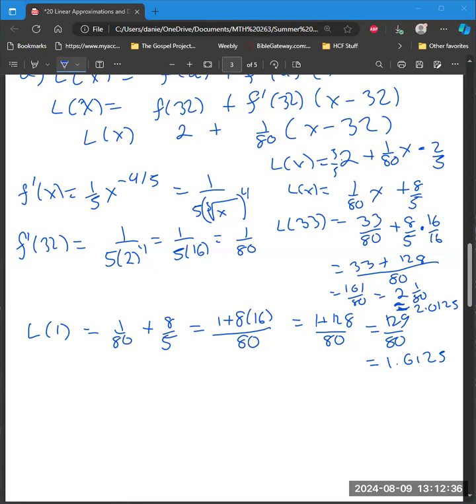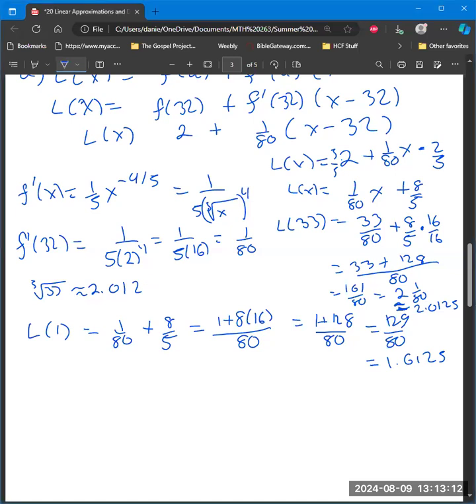Now let me tell you what the fifth root of 33 is to 5 decimal places. The fifth root of 33 is about 2.01235. Okay. And so now I want to find the difference between that and 2.0125.